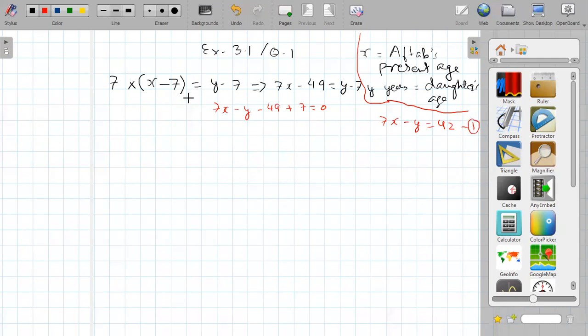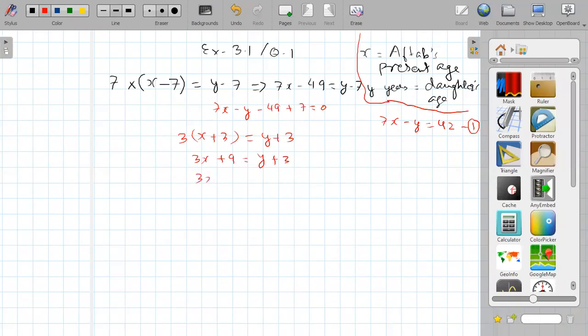And the second equation is: I shall be 3 times as old as you will be 3 years from now. So after 3 years, Aftab's age will be x plus 3, which is 3 times the age of his daughter, that will be y plus 3 after 3 years. Are you getting? 3x plus 9 is equal to y plus 3.